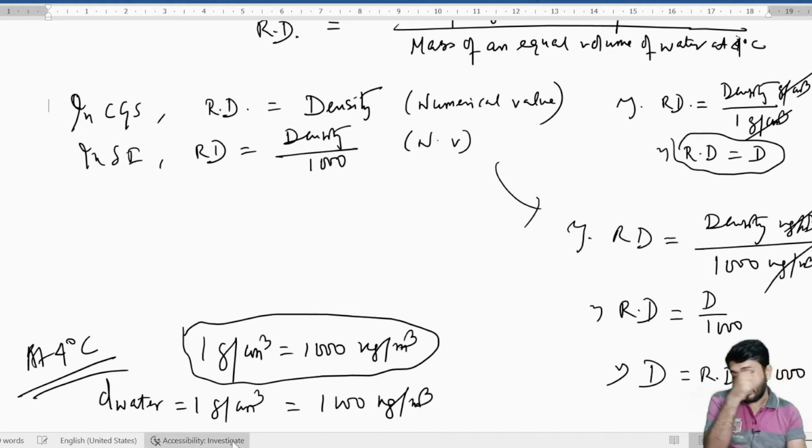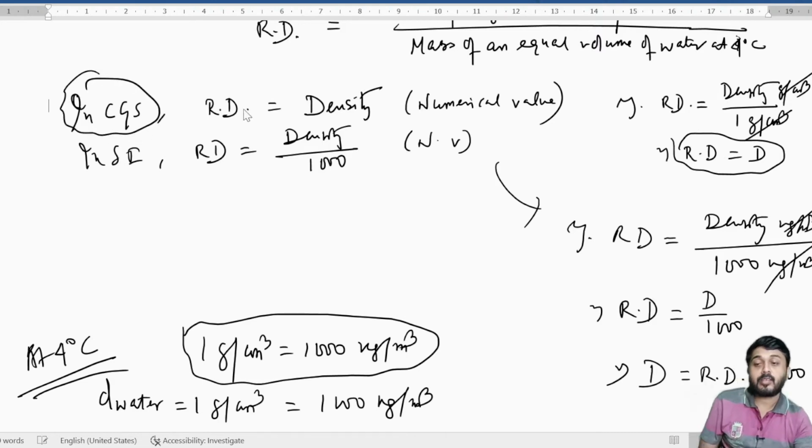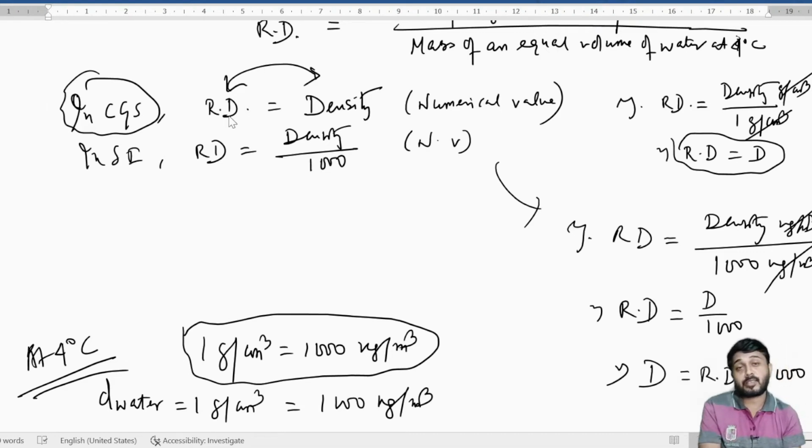Is it clear? That is why we say that in CGS system the relative density and density both have the same values. If you know the value of relative density, then you can just add the CGS unit, gram per centimeter cube, with the same value to tell the density in CGS system.